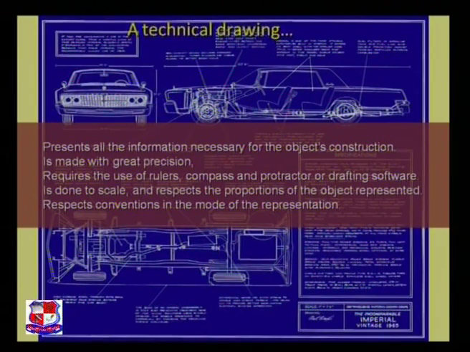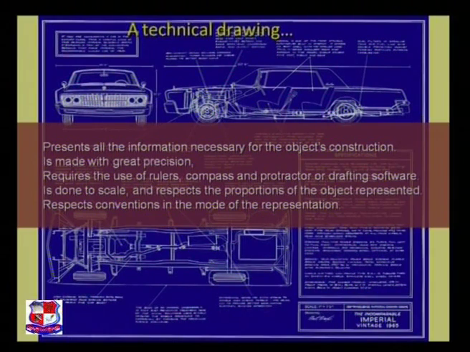If you are drawing manually, then you will use the drawing instruments. But if you are using drafting software like AutoCAD, if you are working in 2D, you can use AutoCAD. If you are working in 3D, various parametric software like Creo and the older version of it, Pro-E, then Ideas, CATIA, Inventor, Solid Edge, SolidWorks, Unigraphics, all those are available.